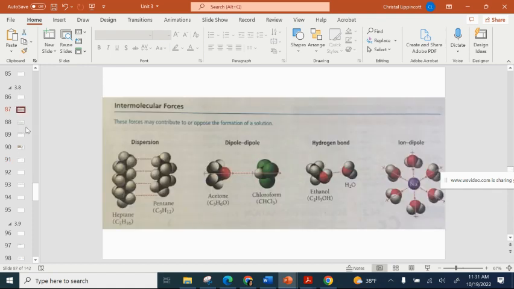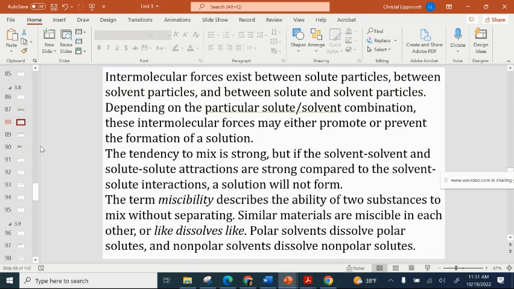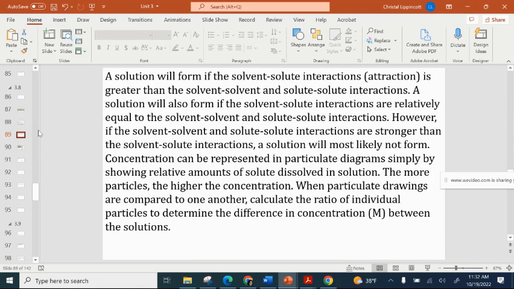Where was I up here? So we talked about that. Miscibility then is the ability of two substances to mix without separating. A solution will form if the solvent-solute interactions are stronger than the solvent-solvent and solute-solute interactions.